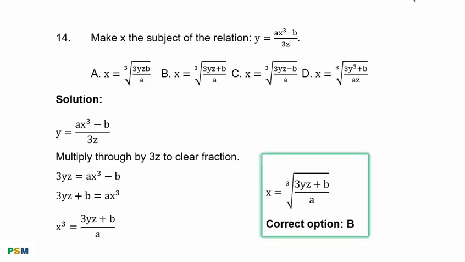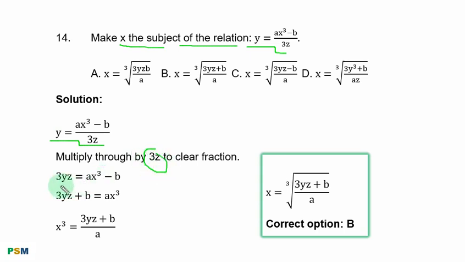Question 14. Make S the subject of the relation y equal to AS cube minus B over 3Z. Solution. This is the given relation. First, clear the fraction by using 3Z to multiply through.